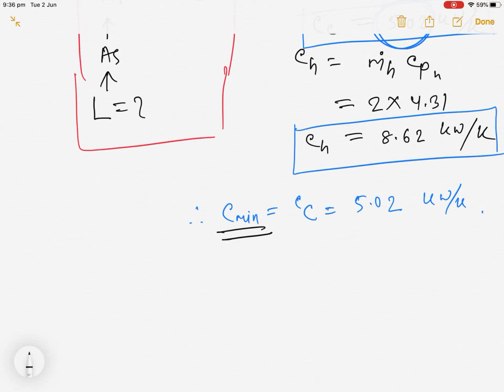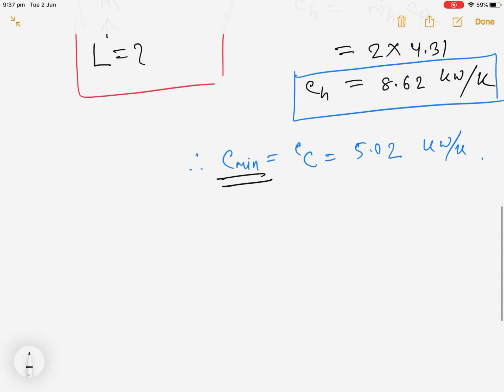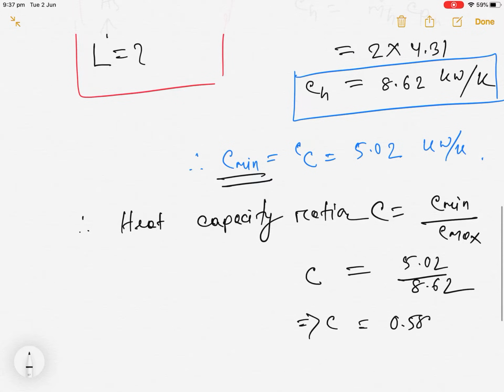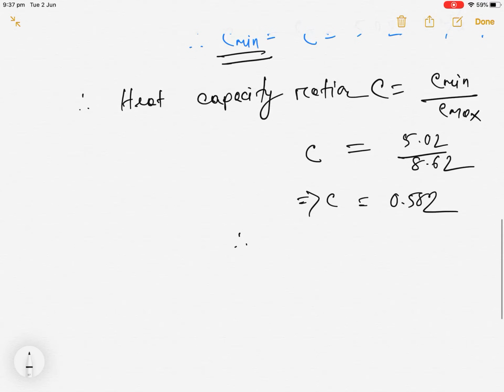So this is Cmin. And from the effectiveness and NTU formula, we know there is another value, C, the heat capacity ratio. The heat capacity ratio C is the ratio of Cmin and Cmax. So C equals 5.02 over 8.62. So C equals 0.582.